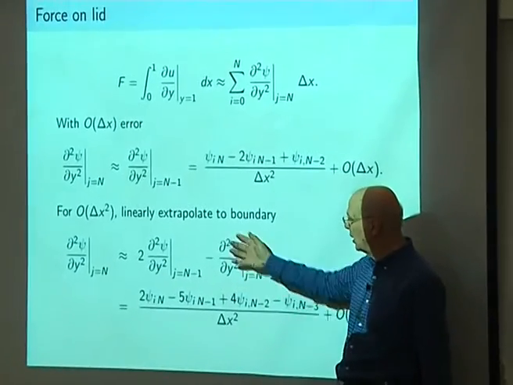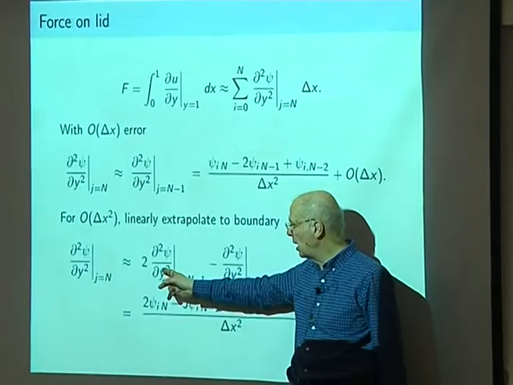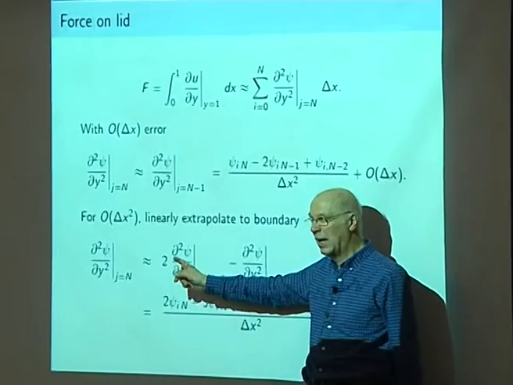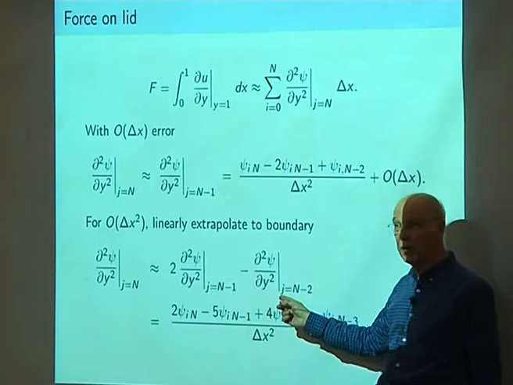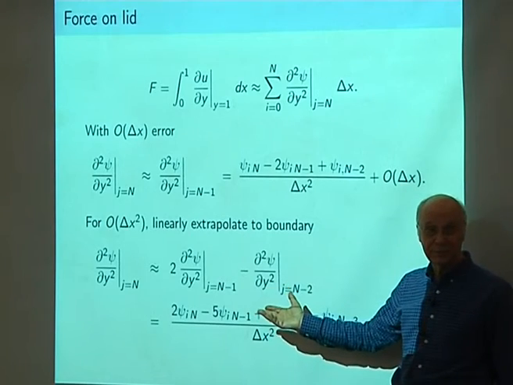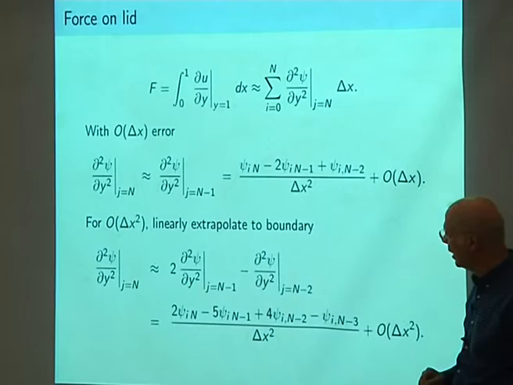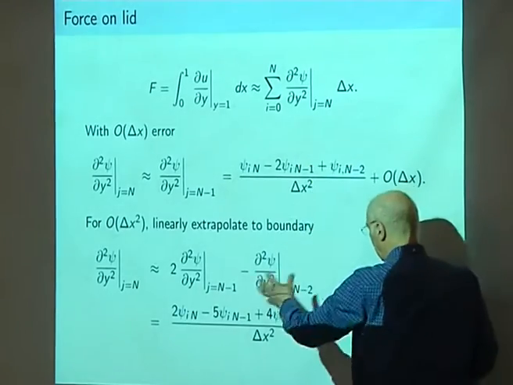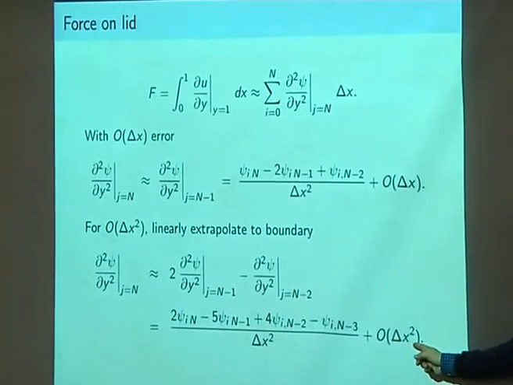If this quantity varied linearly, then it would have a value 1 here and a value 2 here. So at y equals 0, the answer is 0. Okay, so this is the correct law for linear interpolation. And then if I substitute this in, I get this rather long, complicated expression, but it's second order accurate.